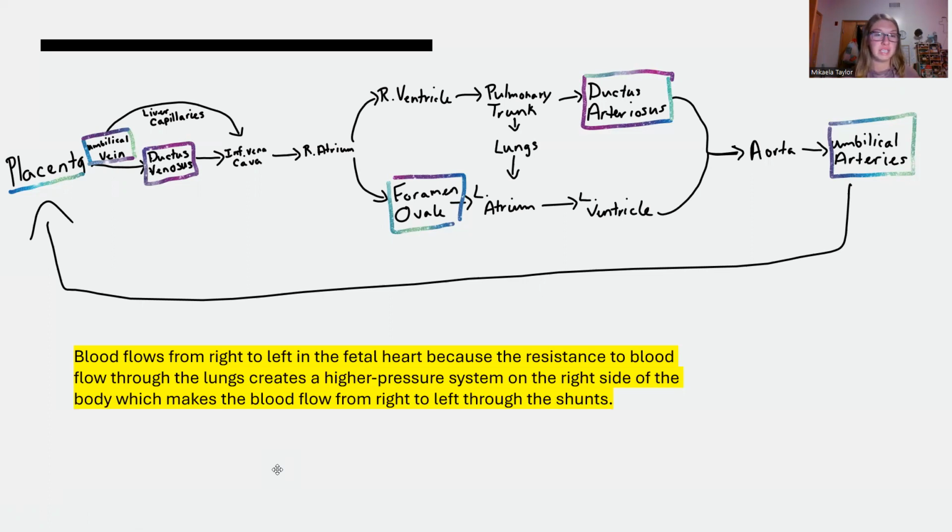It's still receiving blood through the umbilical vein, but it's not cleaning it in any way, because there's no need; the blood is being filtered by the mother's liver. Additionally, it bypasses the lungs, which means that the oxygen does not need to be diffused there.